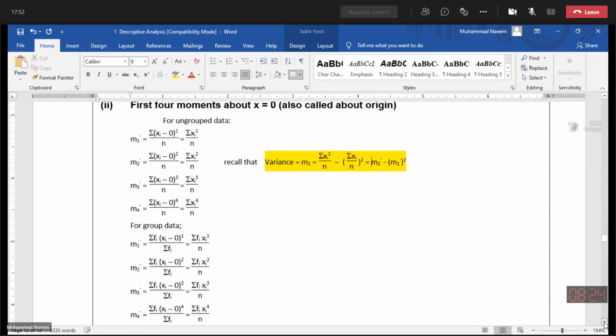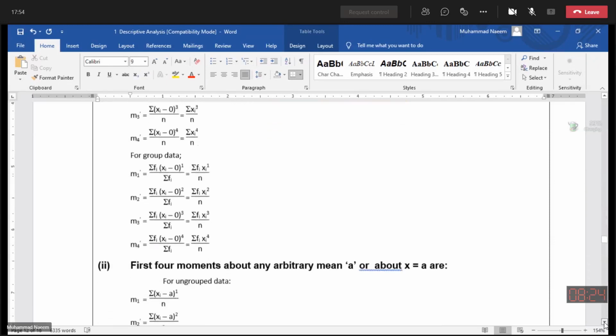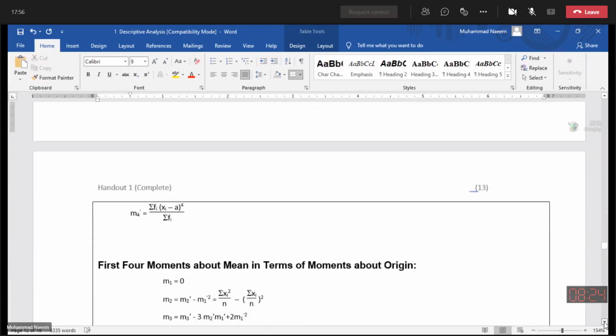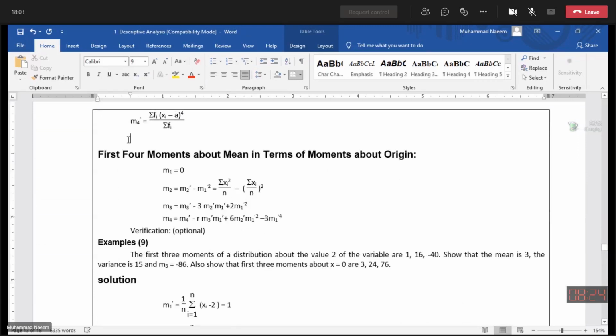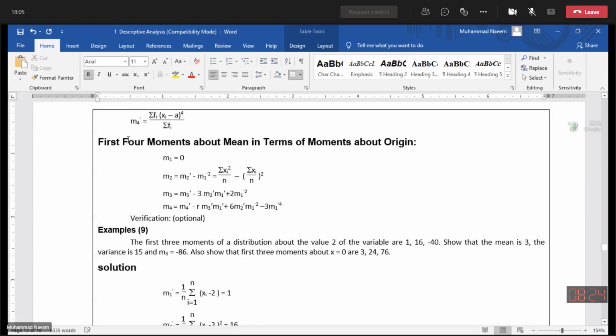Similarly, we can also express the other moments about mean in terms of origin. Here we have these relations. This one, this we have discussed.